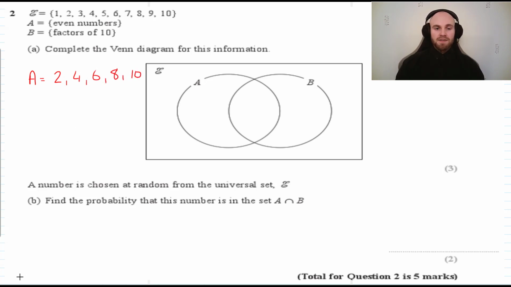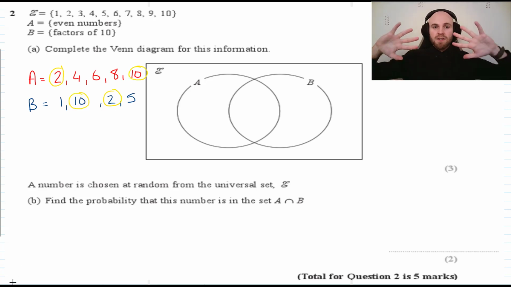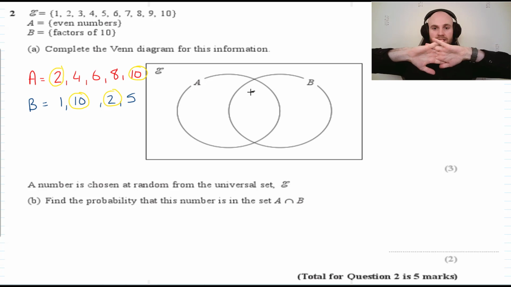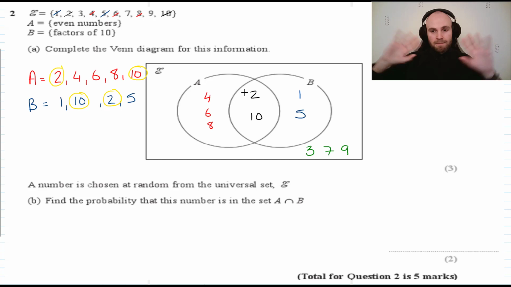For B, the factors of 10, we are going to have 1 and 10, and 2 and 5. And now we are going to try and identify the numbers that are in A and B. So we are going to have 2 and 10, and this is going to be in the part where the Venn diagram intersects. Now we are going to identify the numbers only in A, the numbers only in B, and the numbers that don't appear in A or B.